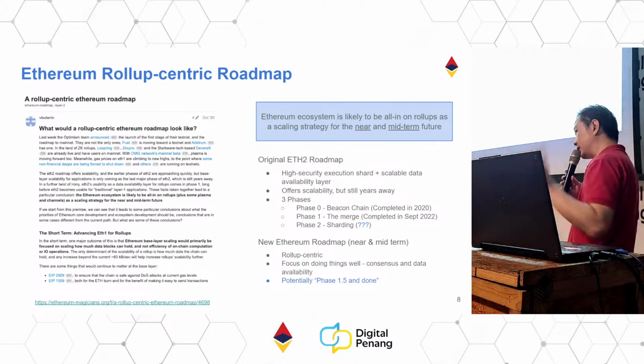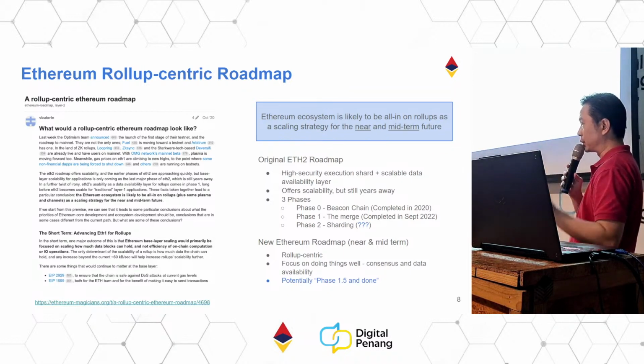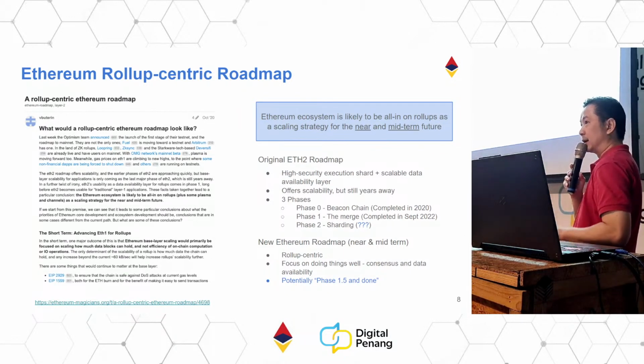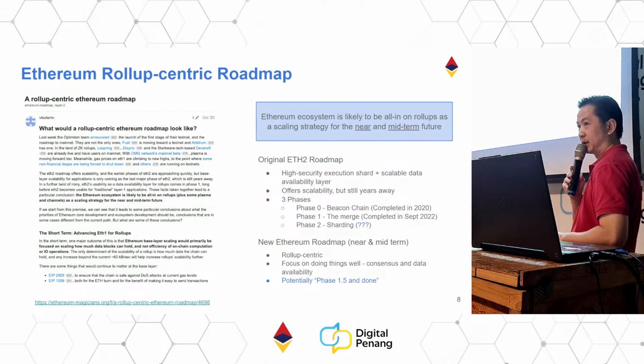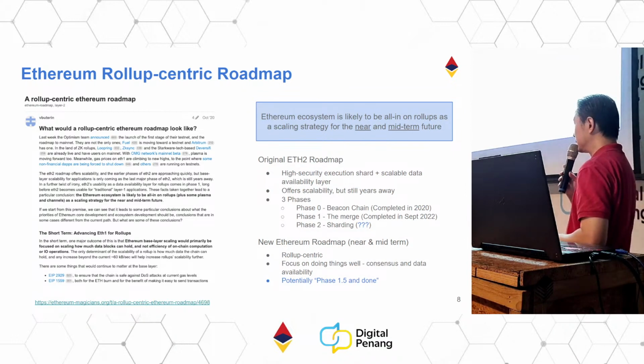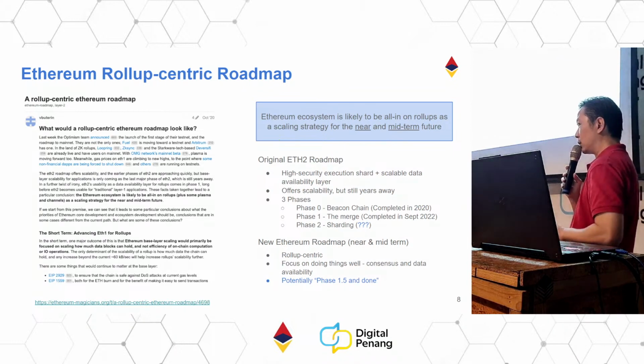So the old Ethereum, we have a 1.0 roadmap and a 2.0 roadmap. And the 2.0 roadmap is actually able to provide the scalability that everybody is looking for, right? The aim of Ethereum is to be the underlying network for the Internet of Value in the future.